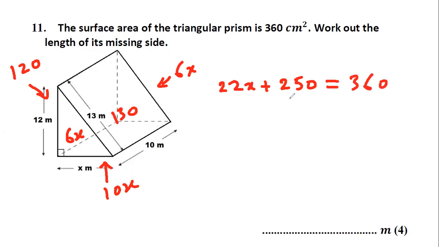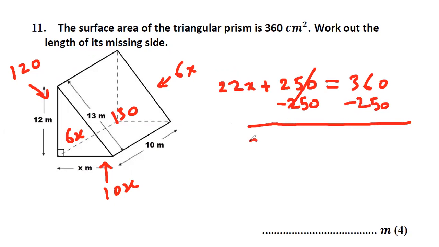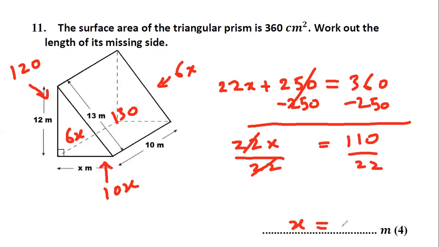I can take away 250 from both sides, which will give me 22x equals 110. And if I divide both sides by 22, I will get x equals 5. So the length of x is 5 meters.